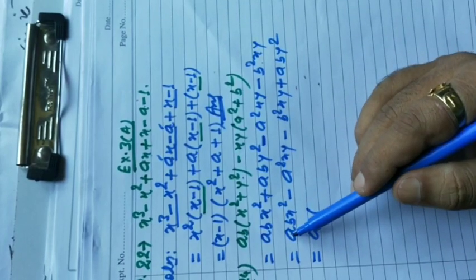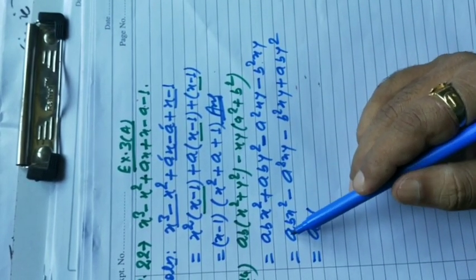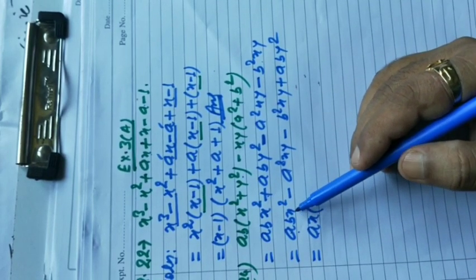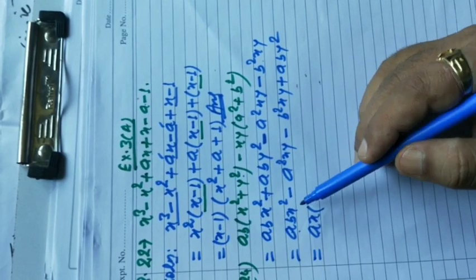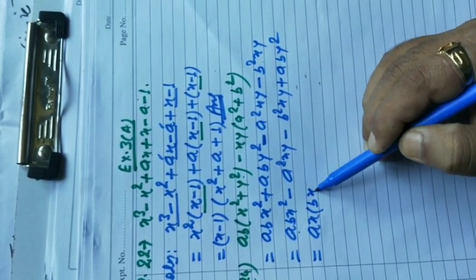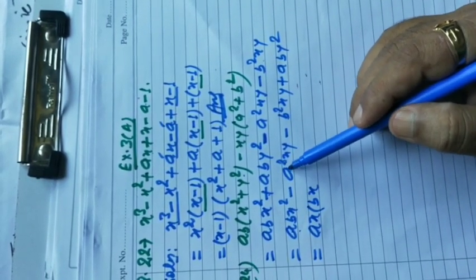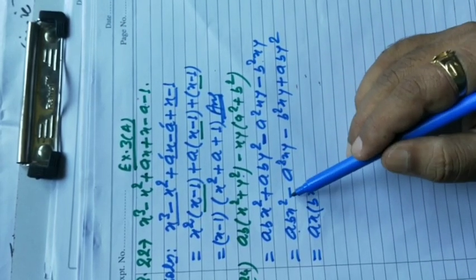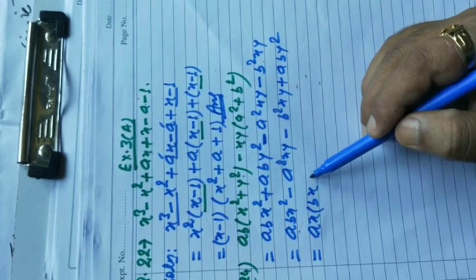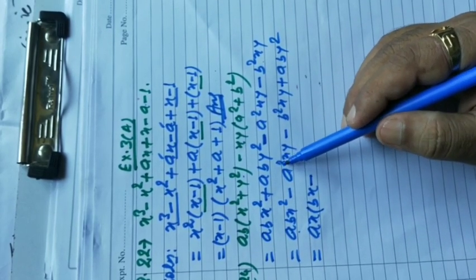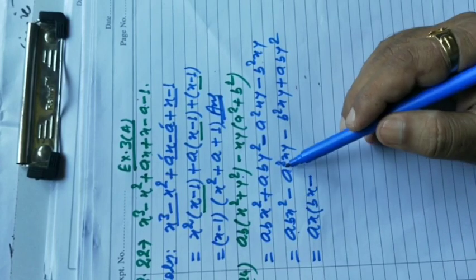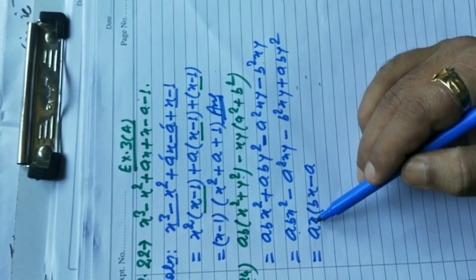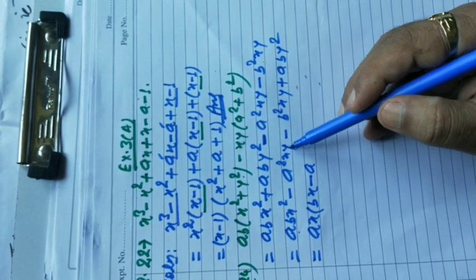Now you have to divide the first term by ax, a will cancel with a, x square will cancel by x, and the quotient will be x, so b will be left and x will be left. Now you have to divide the second term by ax, put the sign first, what will be the sign? Minus. Now divide it, a square will cancel by a in a terms and x will cancel by x, and y will be left here.